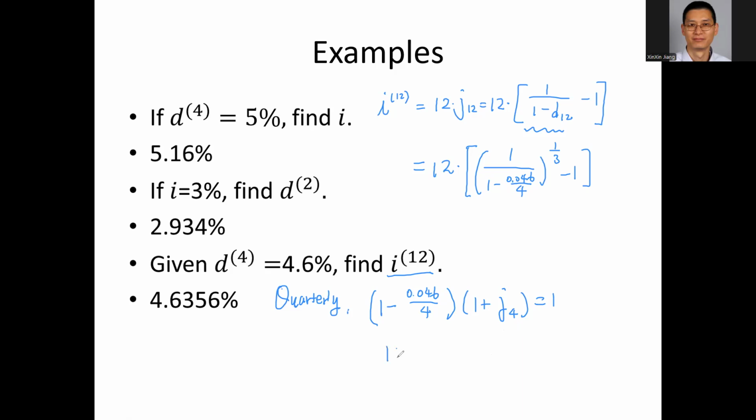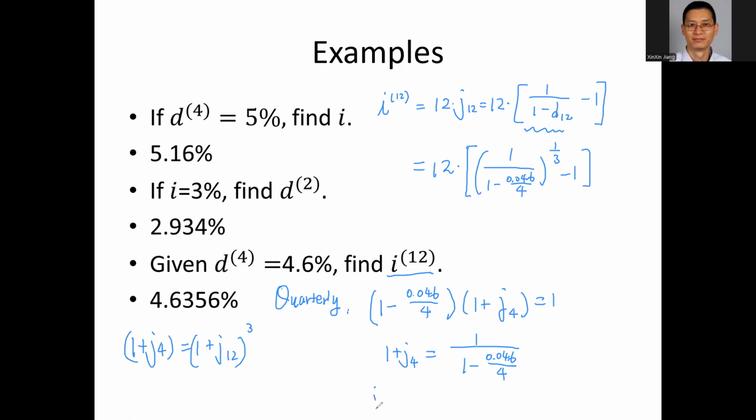Okay, so that's what we need to do. So 1 plus j sub 4, let's solve that. So 1 over 1 minus 0.046 over 4. Okay, so that's how to find j4. And then 1 plus j4 equals what? Equals 1 plus j12, the monthly rate, raised to the power of 3 because you have 3 months.